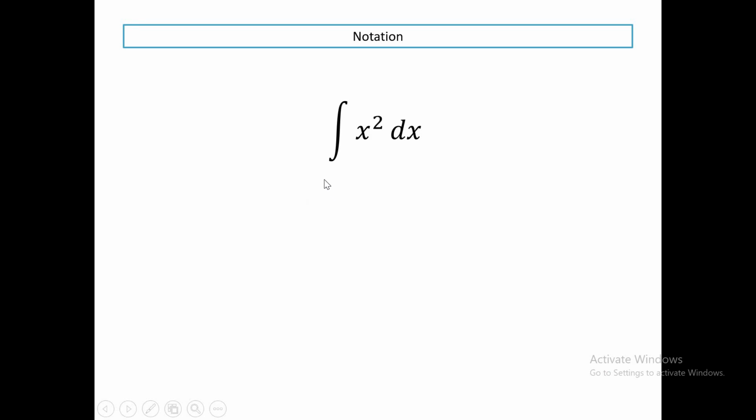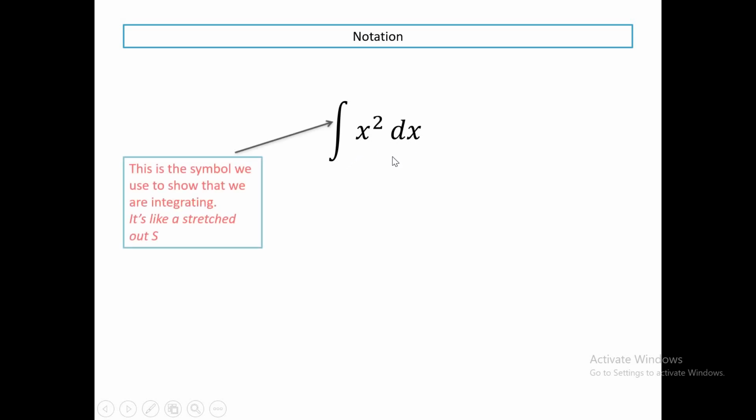In notation, we are going to use that symbol as notation for integration. Do you see that sign? It looks like a stretched S. This is the symbol we use to show that we are integrating.